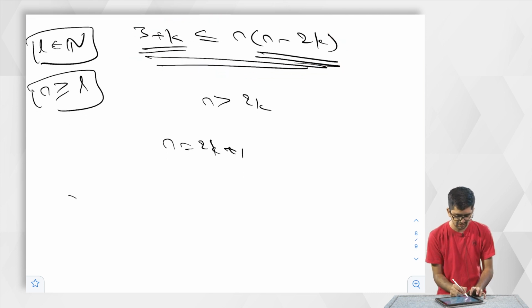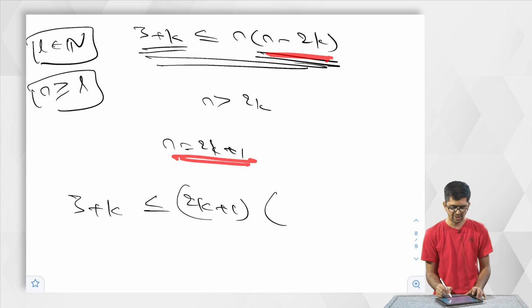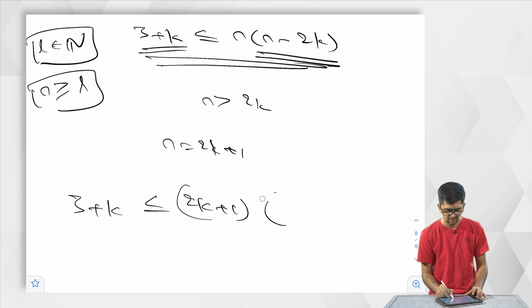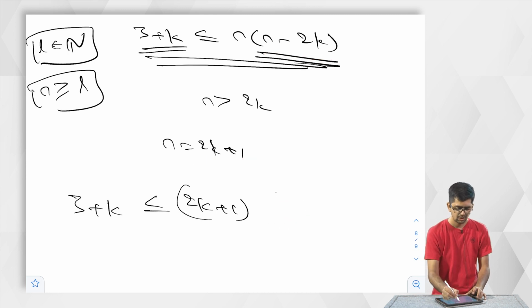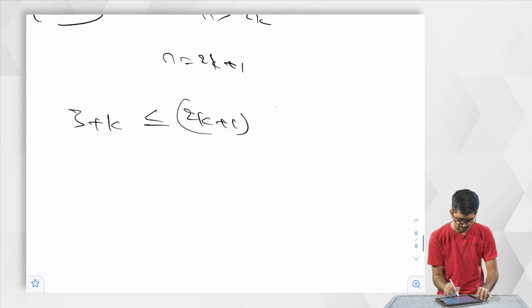Here I am writing the same thing, 3 plus k less than or equal to n is 2k plus 1, so I am writing that here. 2k plus 1 times n minus 2k is just 1, so I am just not writing that. So now the question is, do we have this inequality for every k? Is it true?